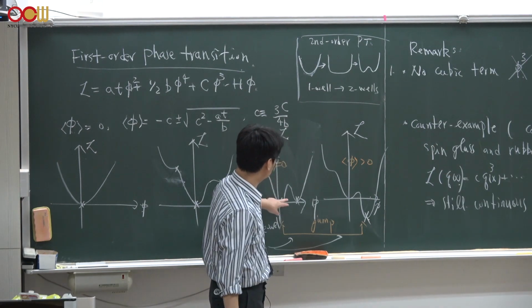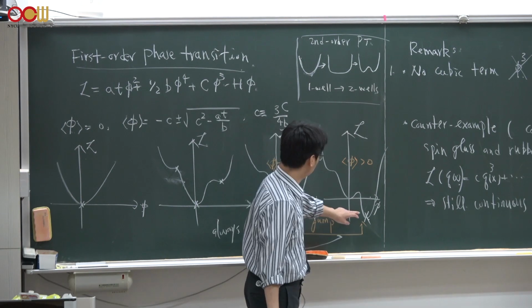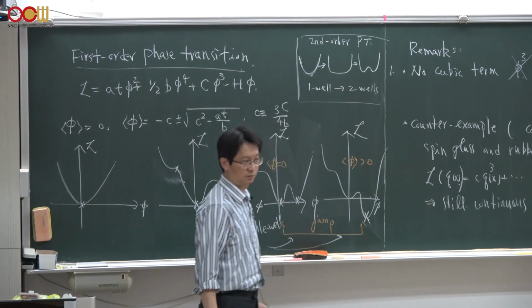So we can just focus on one of them, say the positive side. In that case, it can be the global minimum.